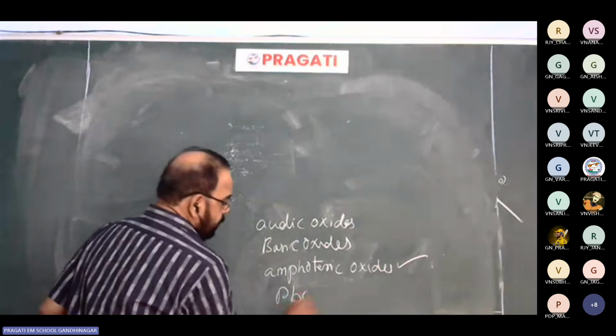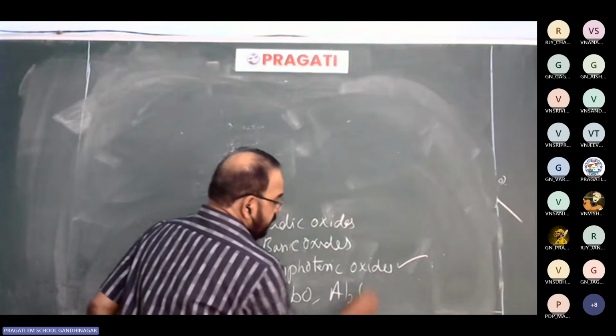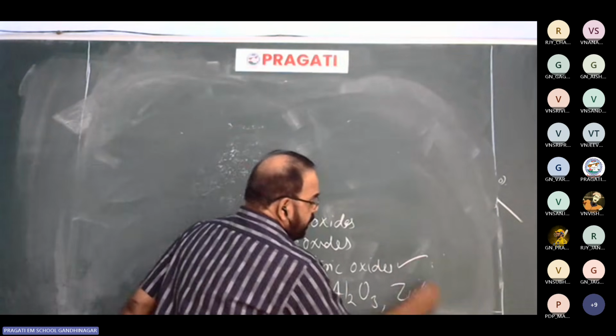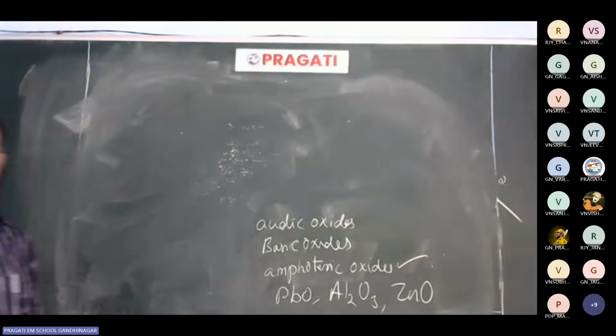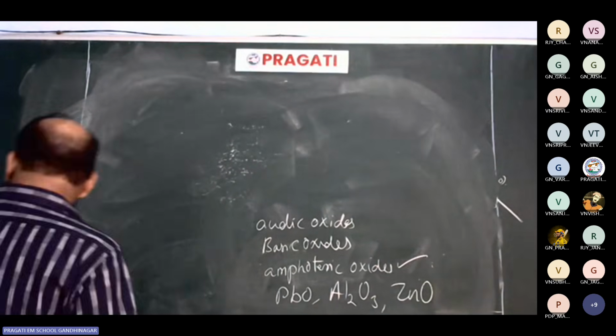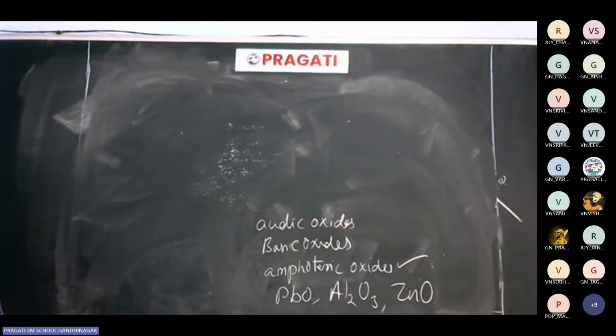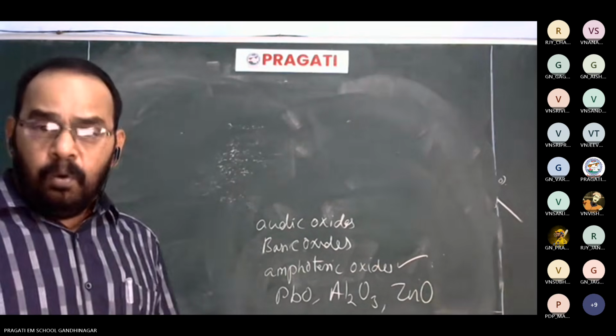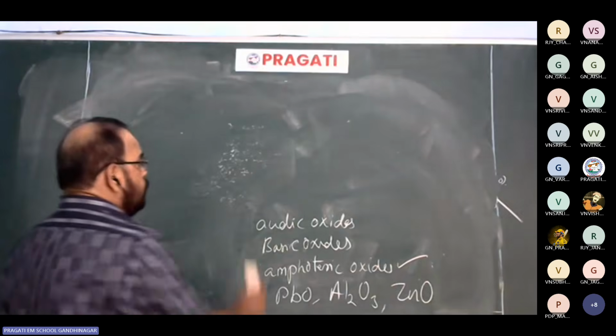Lead oxide, aluminum oxide, zinc oxide are all examples of amphoteric oxides. They can ask this in the 1 mark section or even the 2 mark section, though there are no 2 mark questions from this chapter. So this is one question.